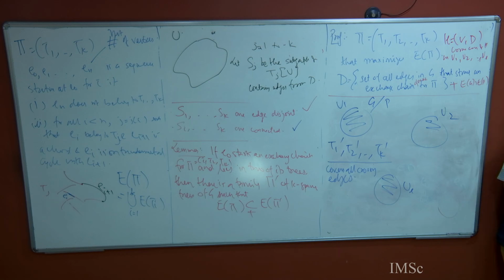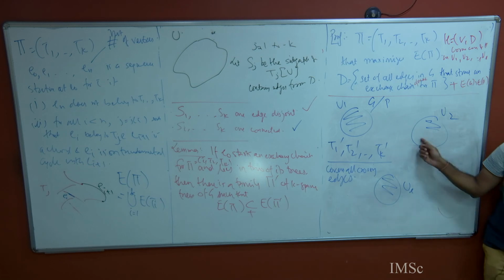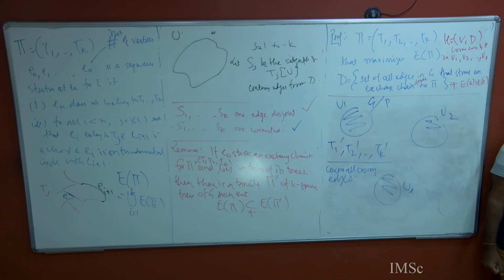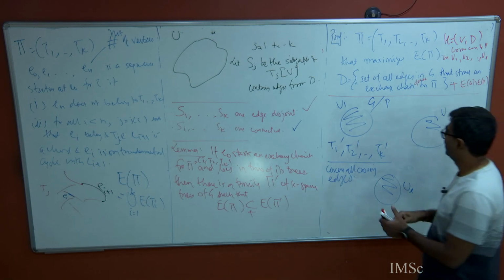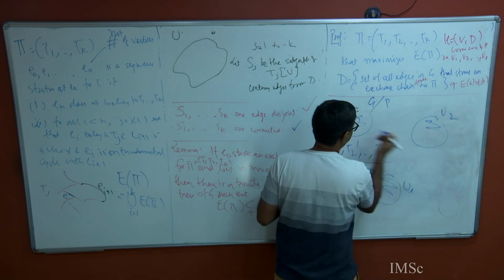They are not crossing edges, they are inside edges. What is the definition of D? It is the spanning trees plus E(G) minus E(pi). All the non-tree edges I use to form my partition. So there are no non-tree edges left crossing. Every non-tree edge is inside one of the parts.